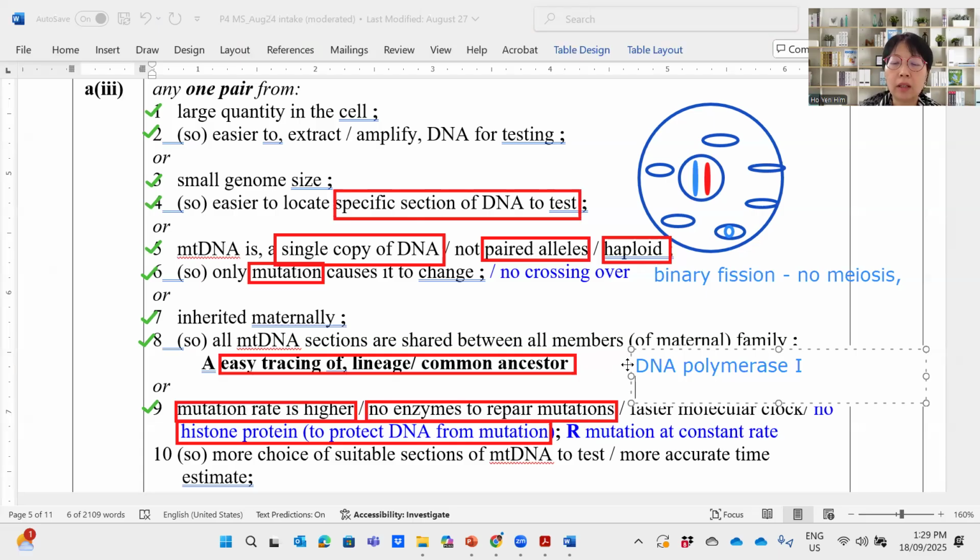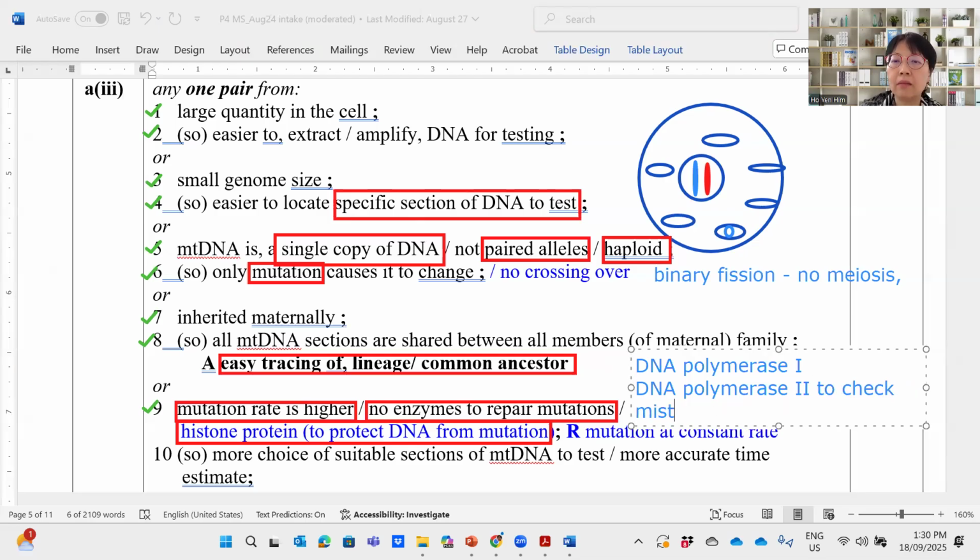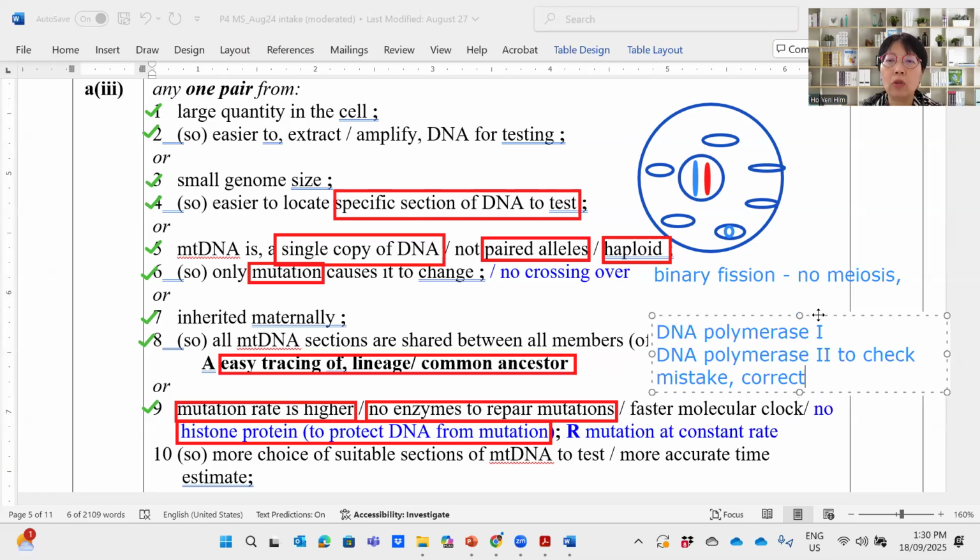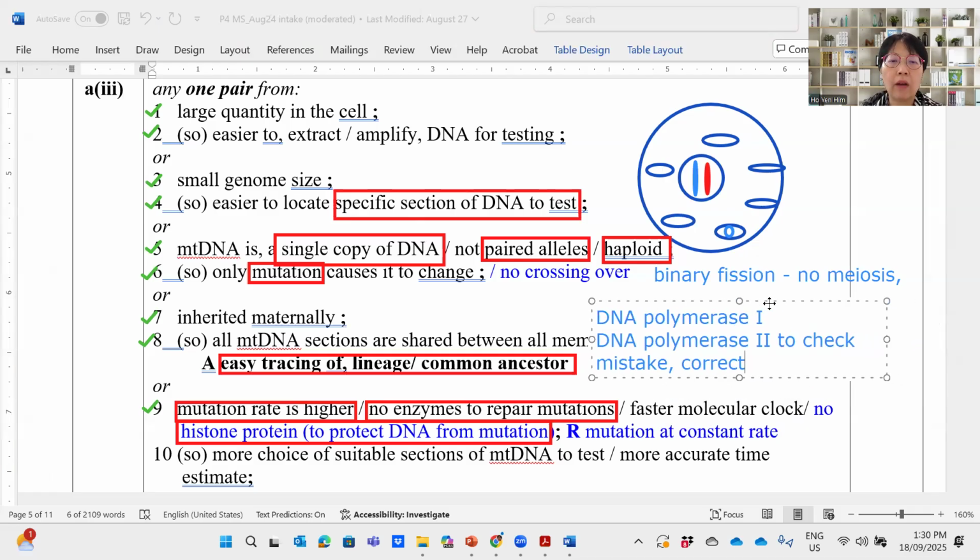After the new DNA strand is formed, they also use another DNA polymerase to check for mistakes, that means any nucleotide added wrongly, and correct it. So they remove it and replace it with the correct nucleotide. Eukaryotes can do this, but the bacteria cannot. Therefore, once mutated, it stays mutated, so the rate of mutation will be higher.